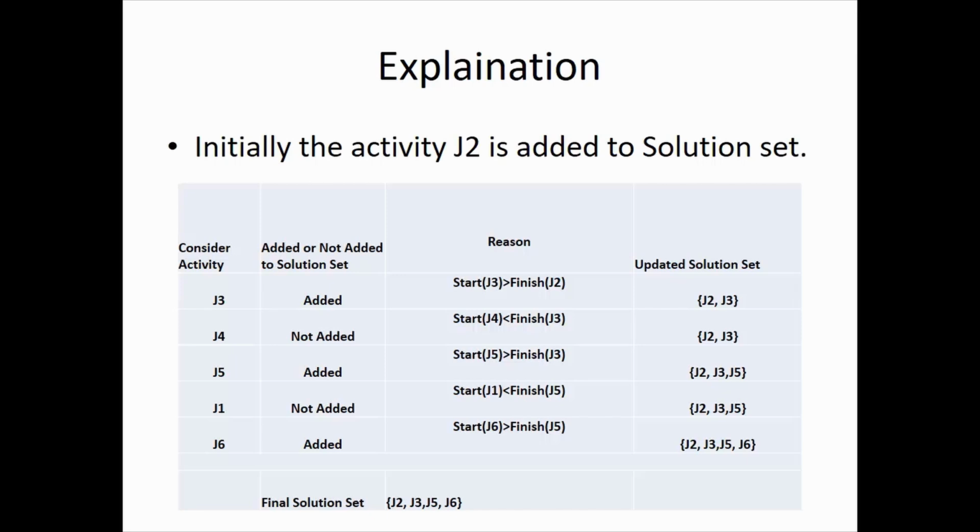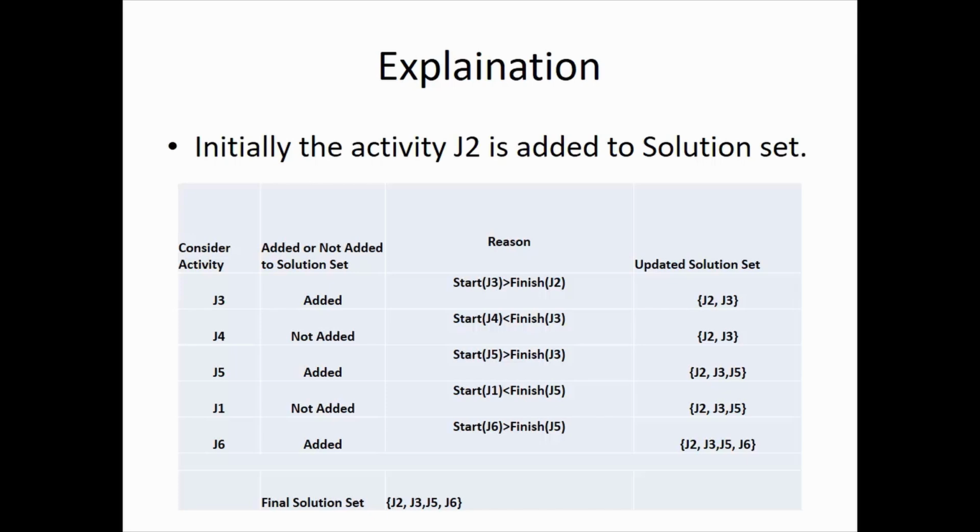Then the next job in array A is taken, which is J5. Here the start time of J5 is greater than the finish time of J3, which means the condition is true. So J5 is added, and we have J2, J3 and J5 in the solution set. Similarly, J1 is not added because its start time is less than the finish time of J5.